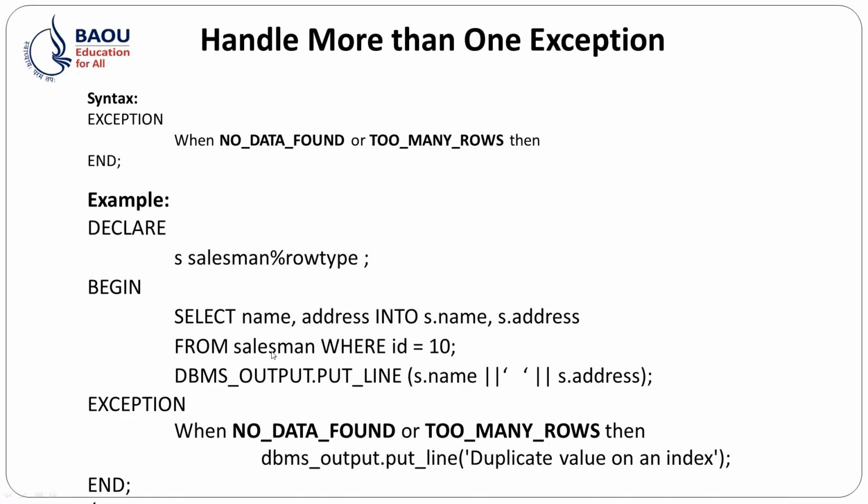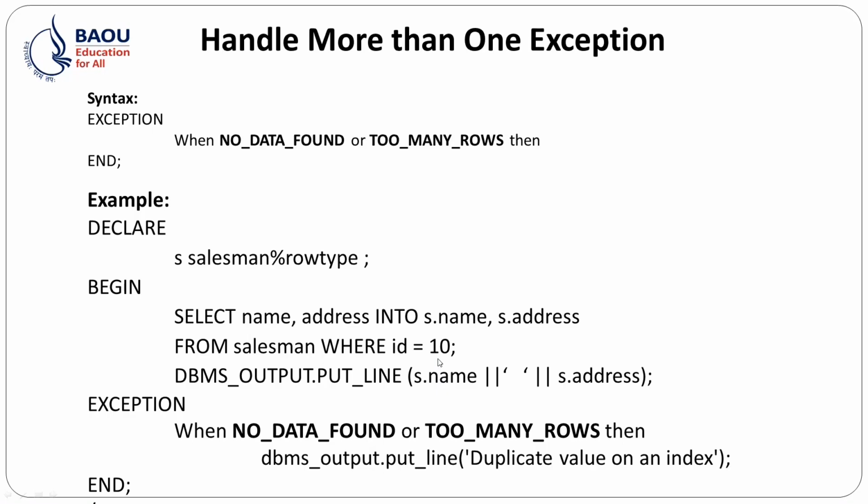From the salesman table, the name and address column data is stored in S.name and S.address. After that, the data will be printed. DBMS_OUTPUT.PUT_LINE prints S.name and S.address whose ID is 10.